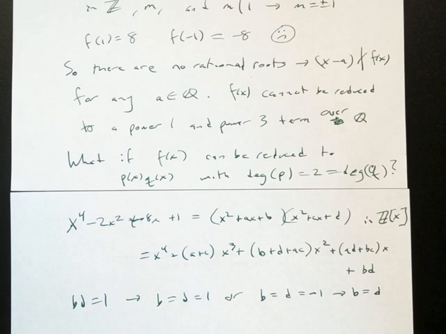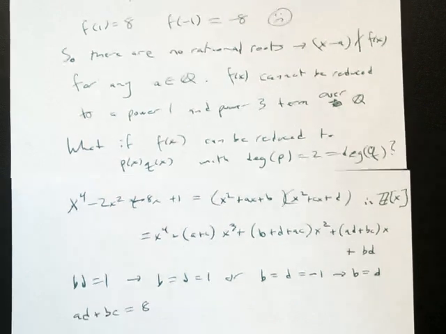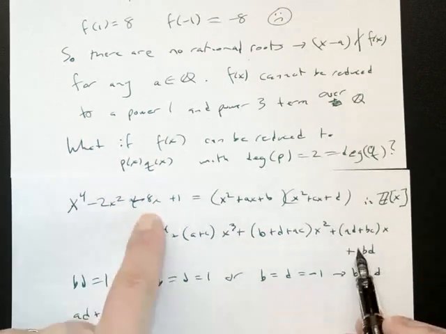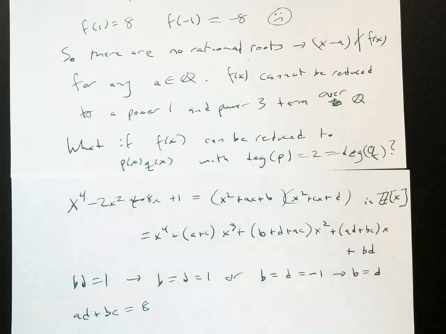So let's go to the linear term. AD plus BC has to be equal to 8. Yes? But B and D are the same.